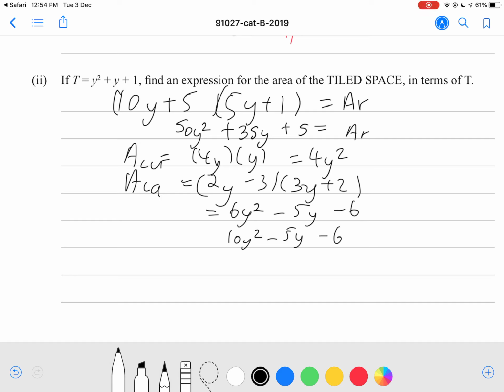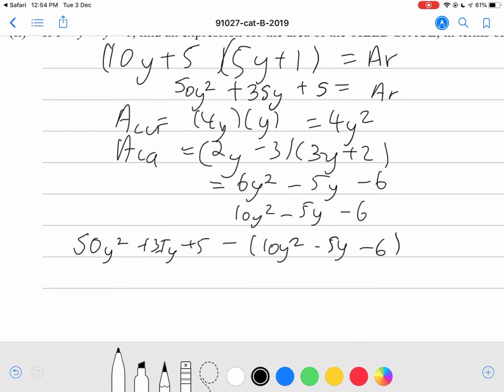We want to do the area of the rectangle minus the area of the two shaded blocks. So 50y squared plus 35y plus 5 minus the 10y squared minus 5y minus 6. Very important to not forget the brackets, because that makes a big difference.